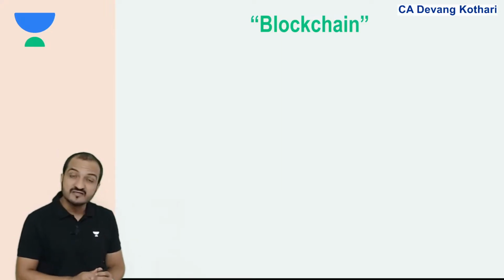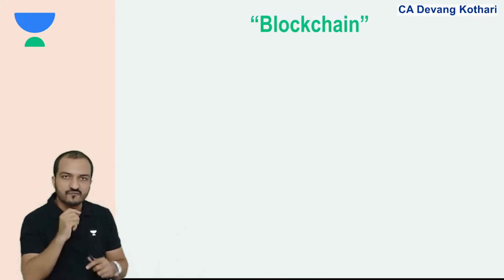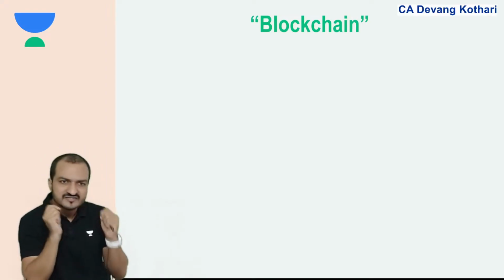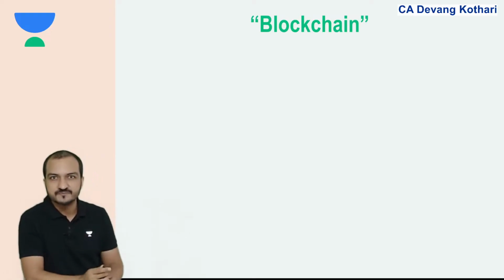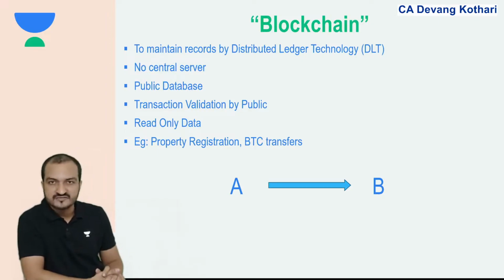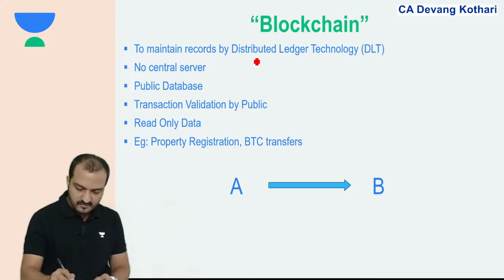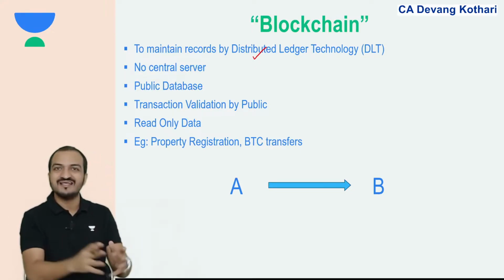So what exactly is blockchain? Basically, blockchain is a method of maintaining record of transactions. It is basically to maintain records by following a concept called distributed ledger technology.